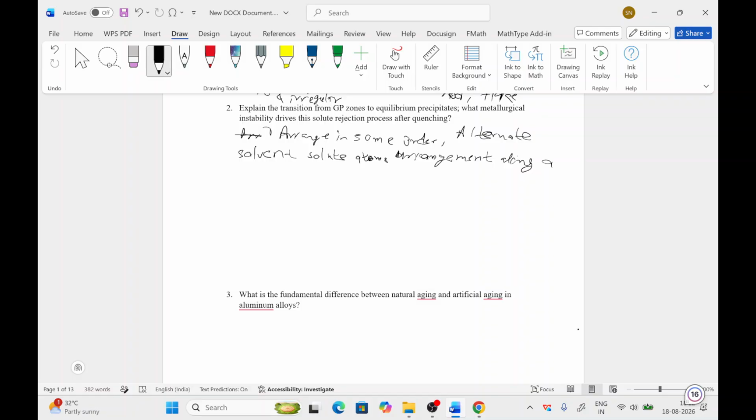So the solute atoms start to arrange in some order. That can be alternate solvent and solute atom arrangement along a specific plane.